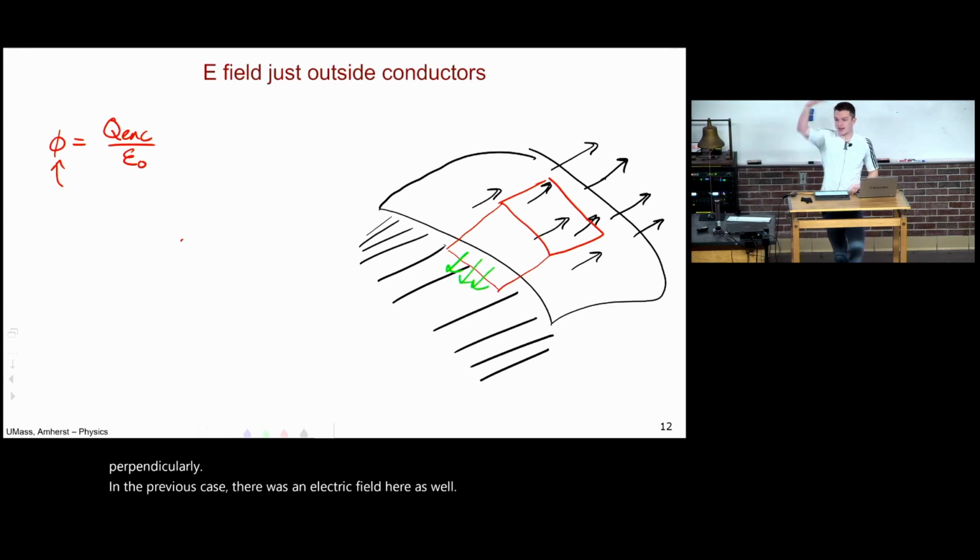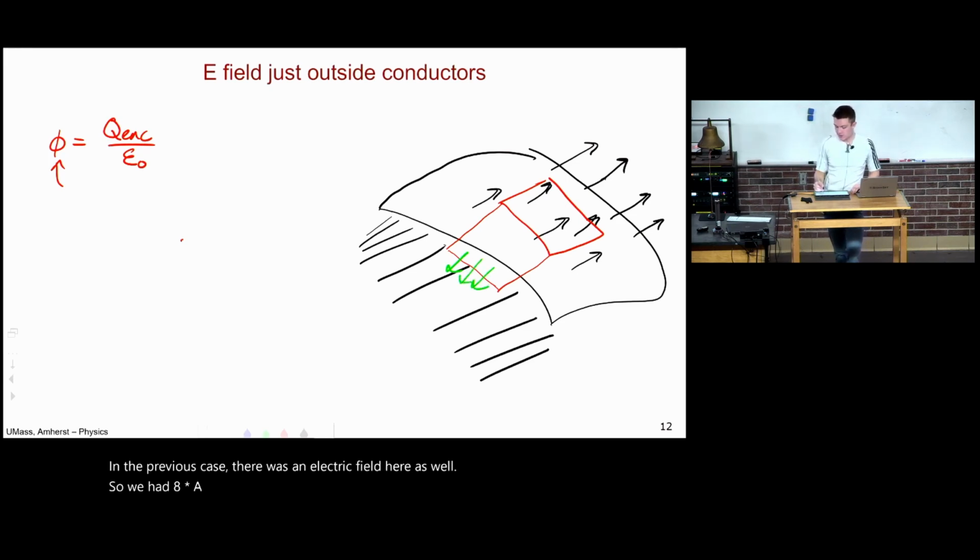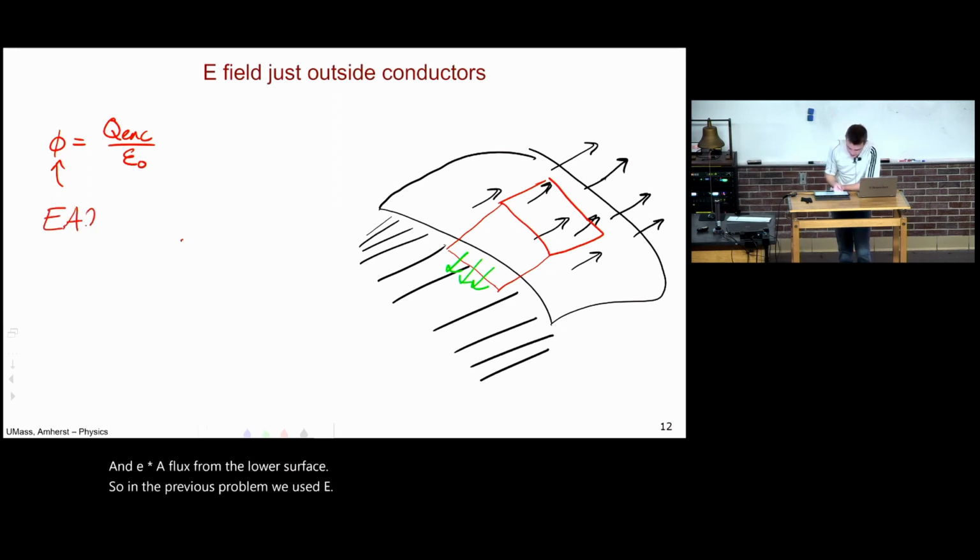So we had E times A flux from the top surface and E times A flux from the lower surface. So in the previous problem, we used E times A times 2 because there were two surfaces with EA. But now there's no flux through this bottom surface. So there's only one factor of EA coming from this top region right here.